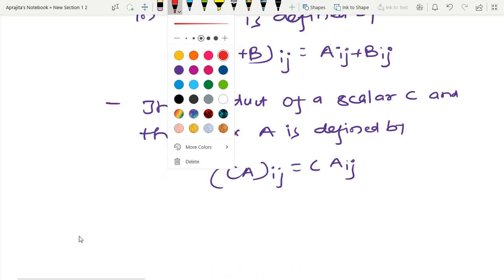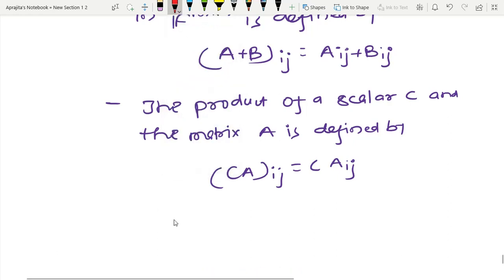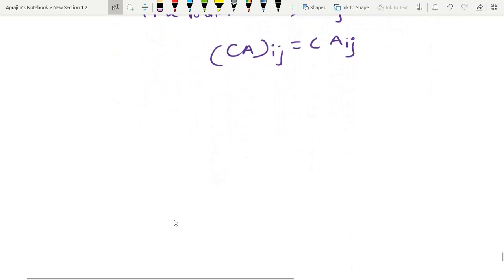Another example which is frequently encountered during mathematical modeling, that is the third example.